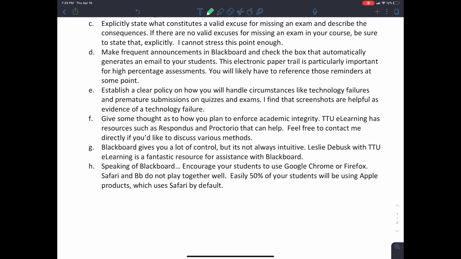It's possible that you feel that there is no valid excuse for missing an exam, but I recommend that you state that explicitly. I cannot stress this point enough. Point C here, make sure that you establish what is a valid excuse for missing an exam. Again, this is not a matter of if, this is a matter of when.